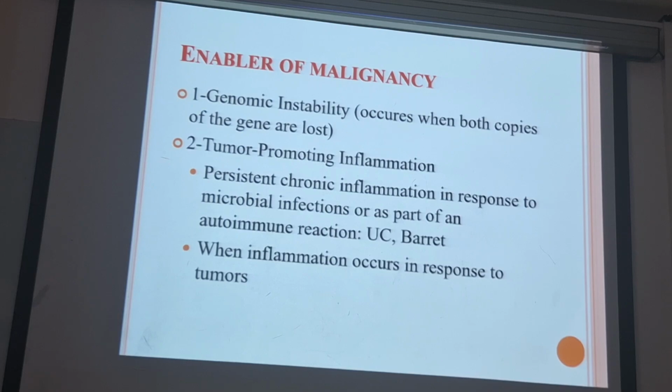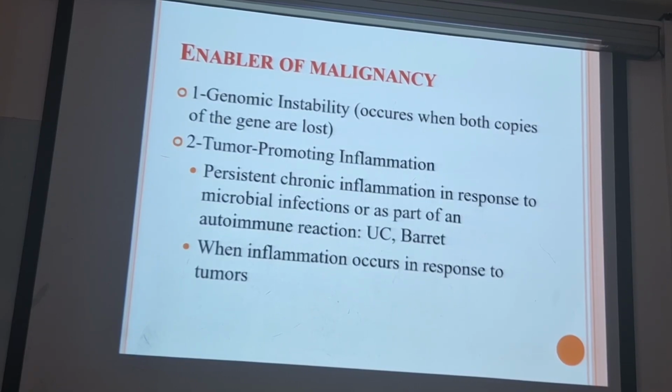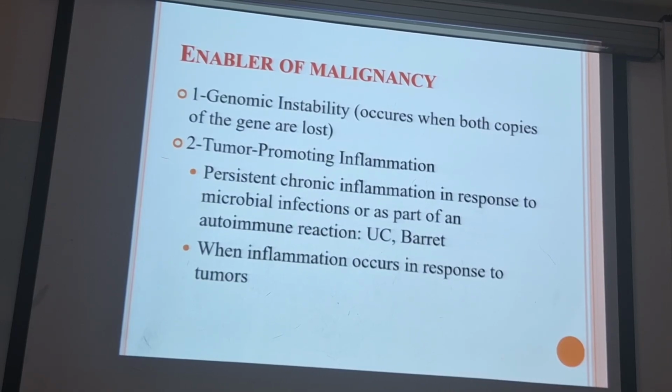enablers of malignancy. You know that in genomic instability we have genomic mutation and genomic alteration in the tumoral cells. Genomic instability occurs when both copies of the gene are lost. Okay, and also we have tumor-promoting inflammation.